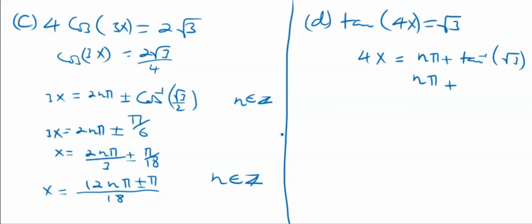So this one here is just going to be pi on 3. And divide both sides by 4. So you can just make it one denominator as well.